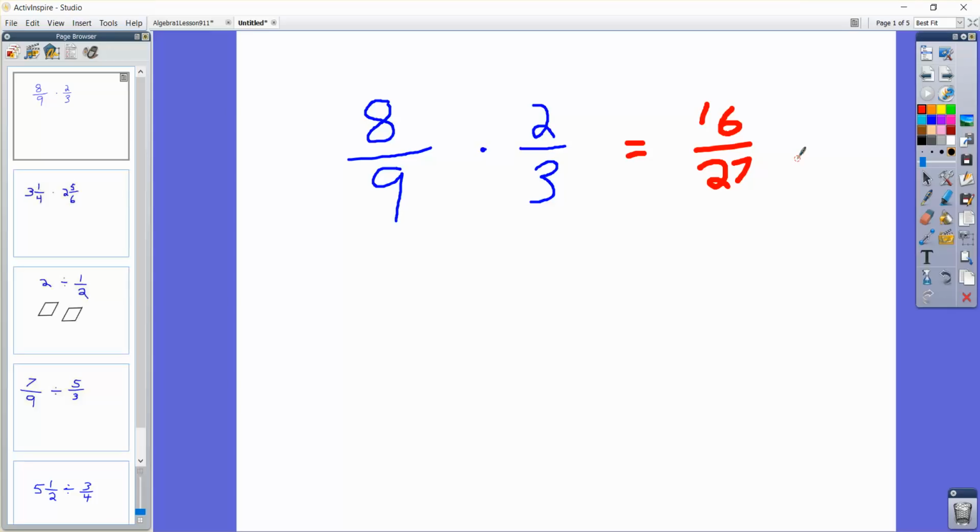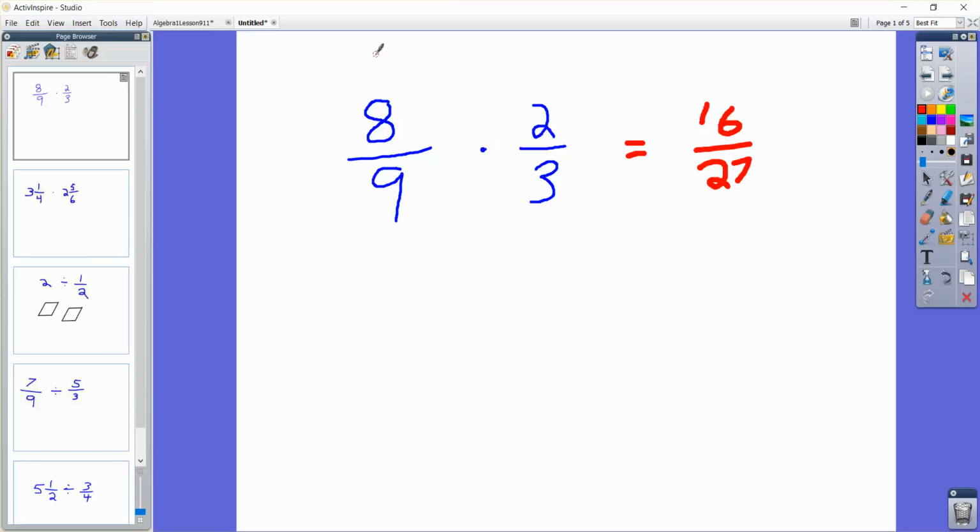Now, ultimately, your goal is to also look and make sure that you can't simplify them anymore. Of course, in this case, we can't, because you have 8 and 9, and this fraction is simplified, this fraction is simplified. But you also may want to look for common factors between the numerator of one fraction and the denominator of the other. If you can find them, you can simplify before you even multiply and give yourself easier numbers to multiply.